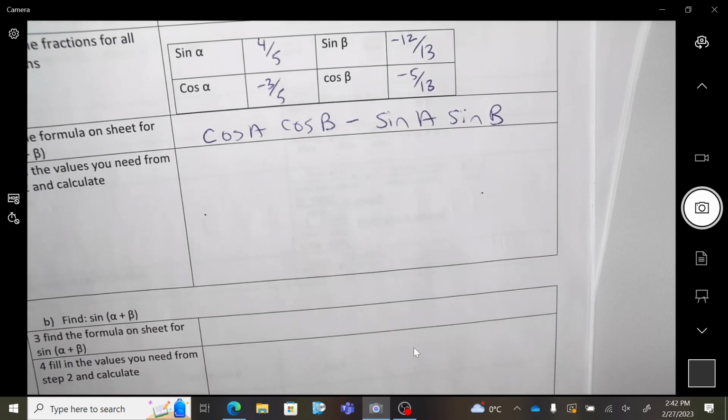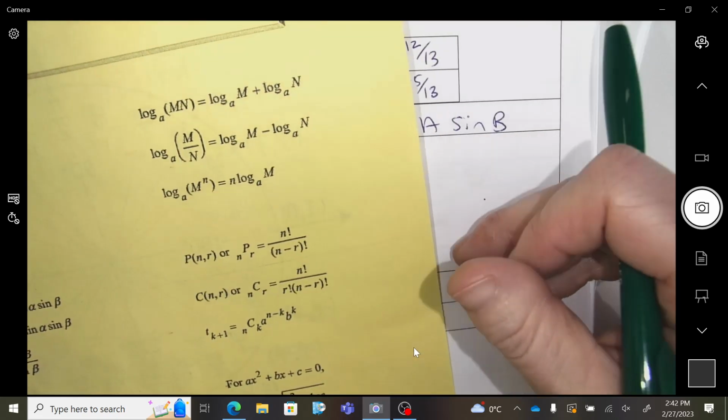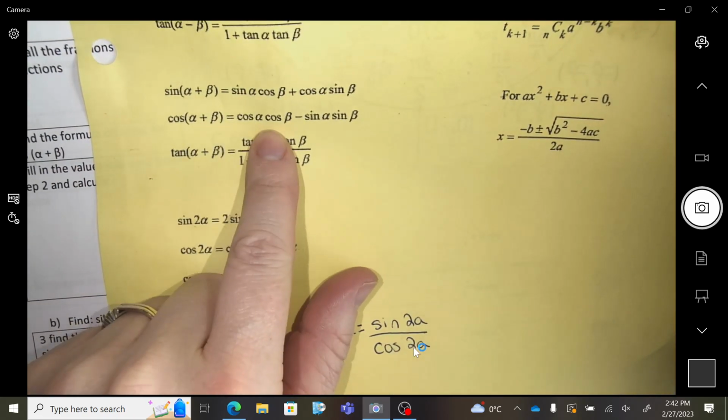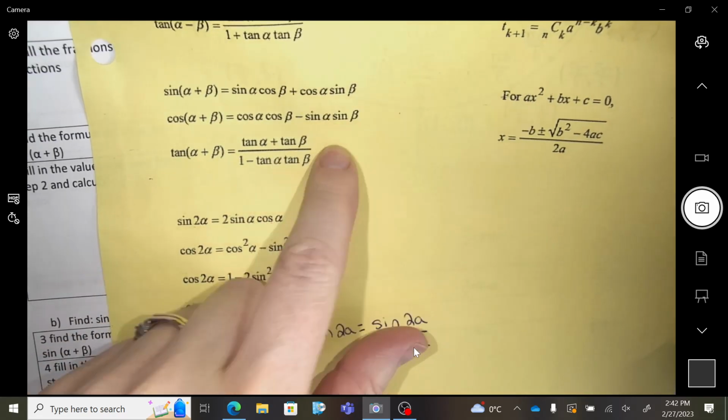Grab your formula sheet, find that formula. Okay, that's good, the cos formula.